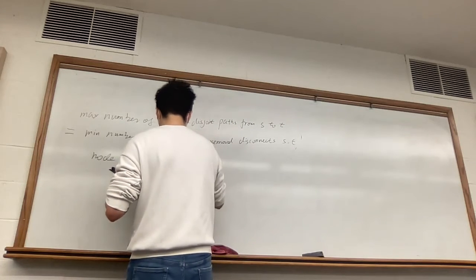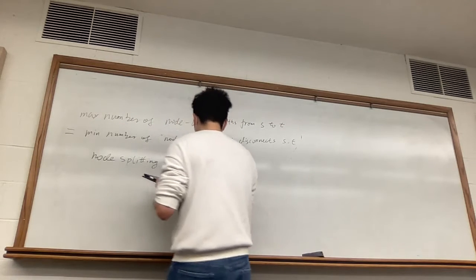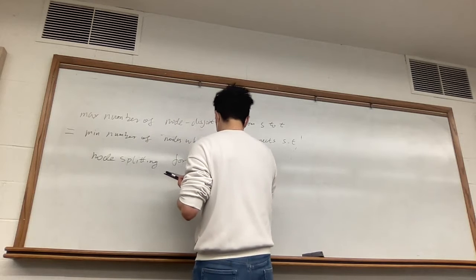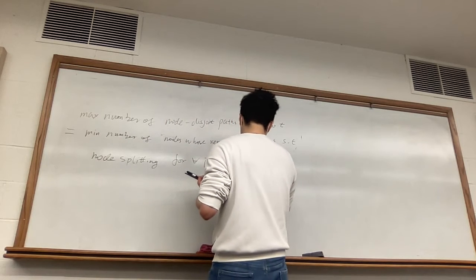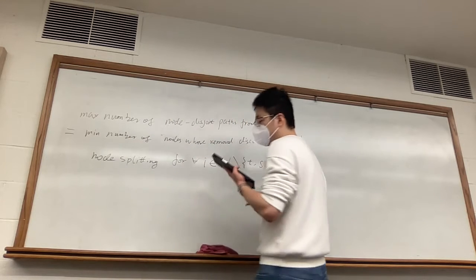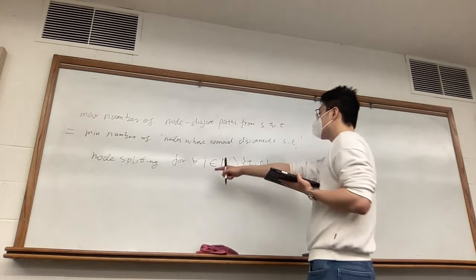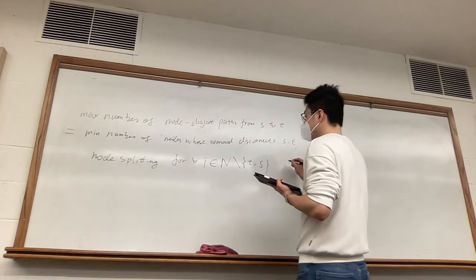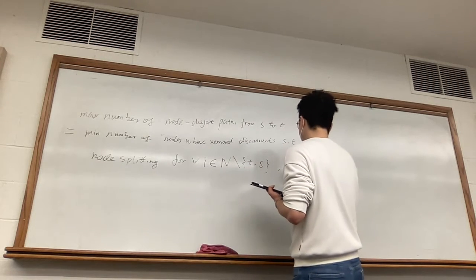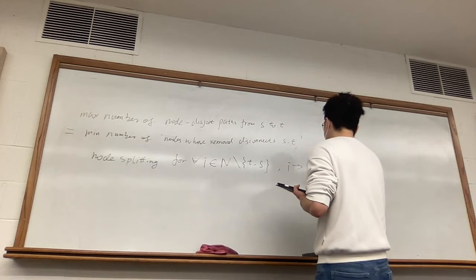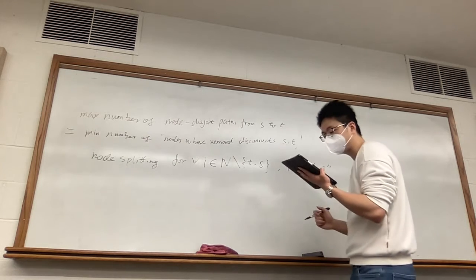Node splitting for all the nodes I which are not T or S. Then node I becomes, say, I prime and I double prime.